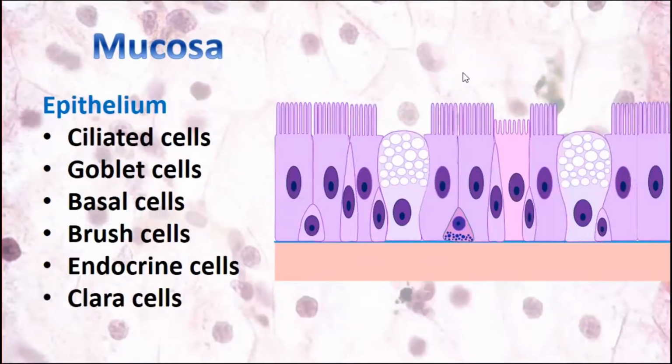And there are the main cells of the epithelium of respiratory mucosa. So we have here ciliated cells, goblet cells, basal cells, also there are brush cells or cells with microvilli, endocrine cells, and in lower parts of the respiratory tract, in bronchioles, we have Clara cells also.